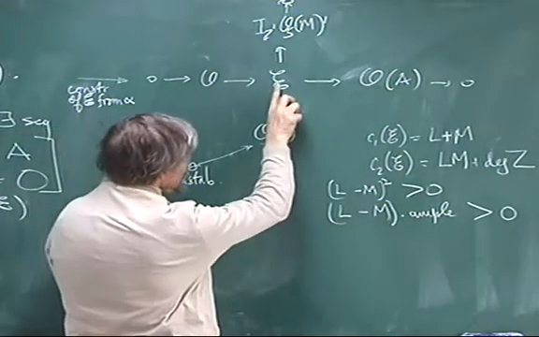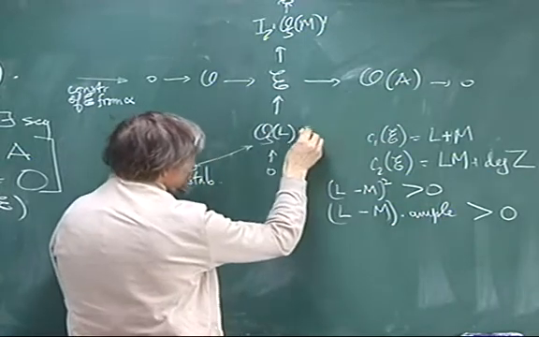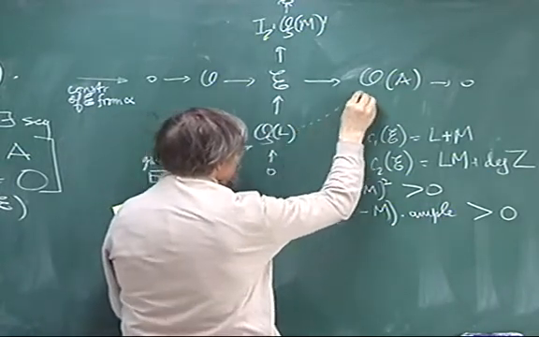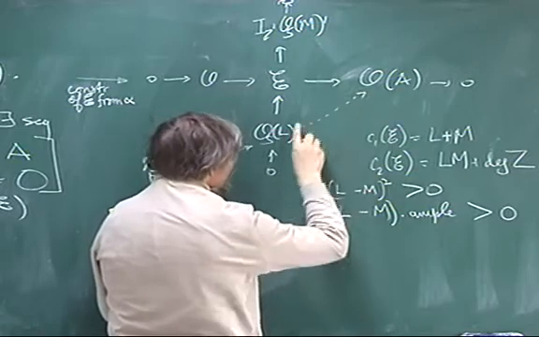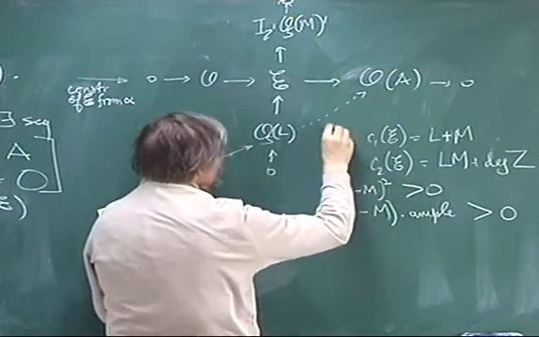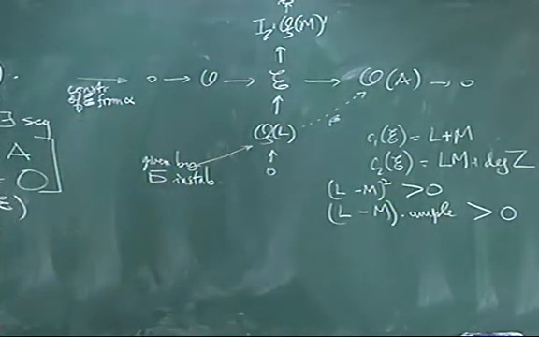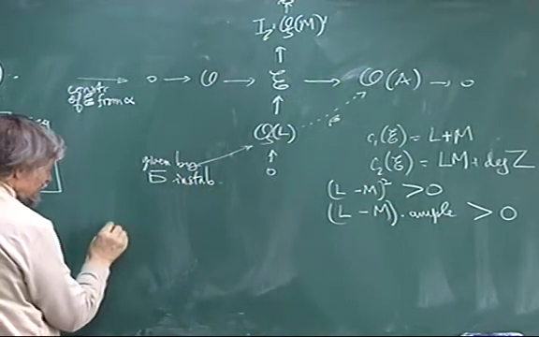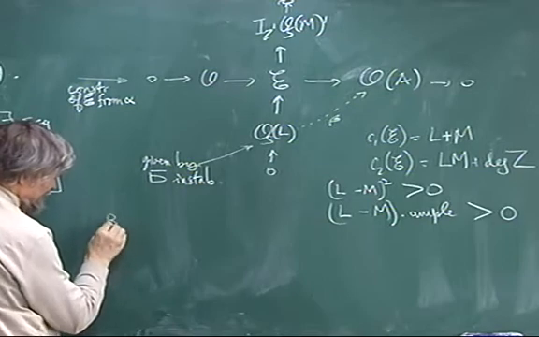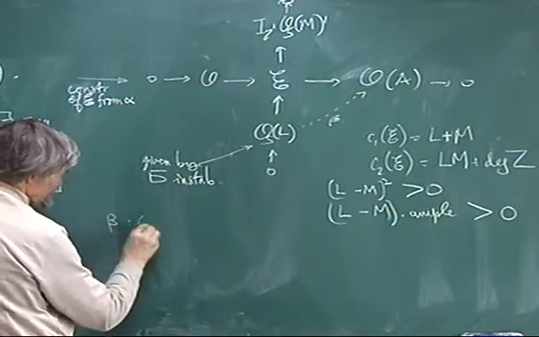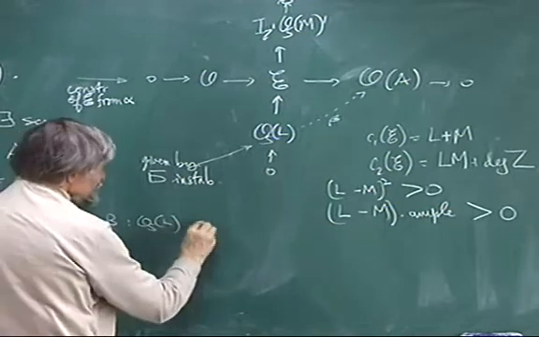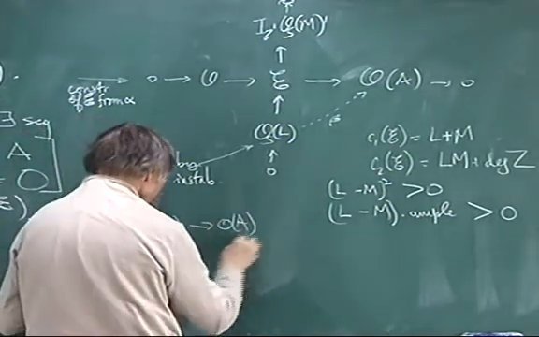I've got an arrow there and then an arrow there. So let's look at this composite arrow. Let me call it beta, for example. So the northeast arrow, beta there, from OS to L to OFA, can't be 0.